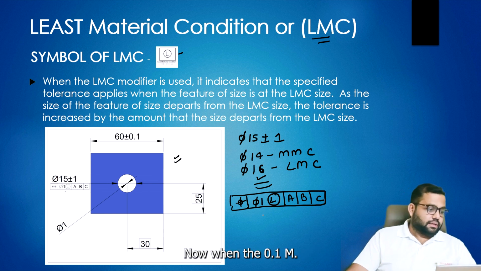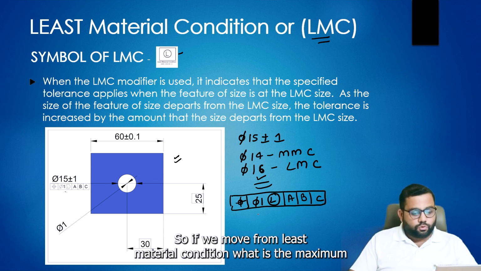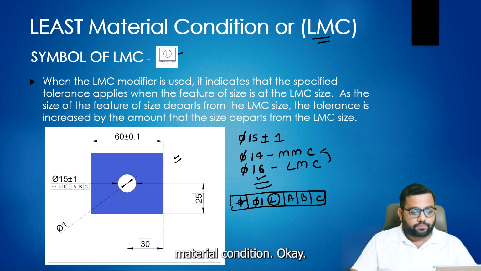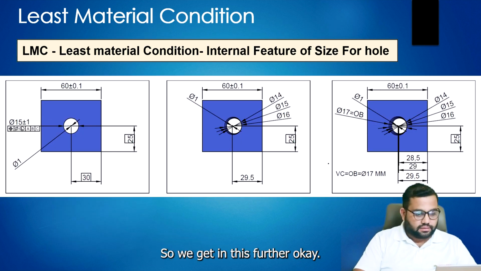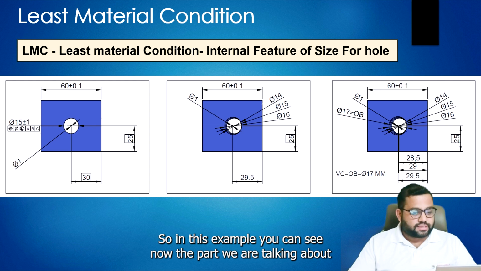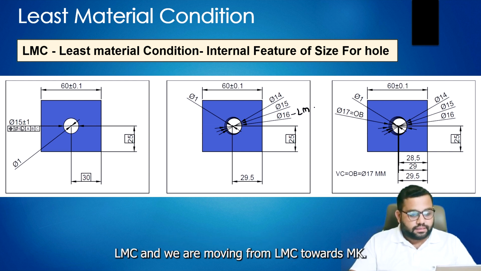Now if we move from least material condition towards the maximum material condition, we get further tolerance. In this example, we are talking about LMC and we are moving from LMC towards MMC.